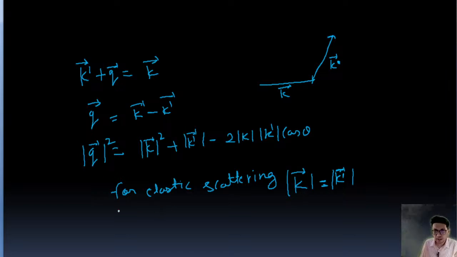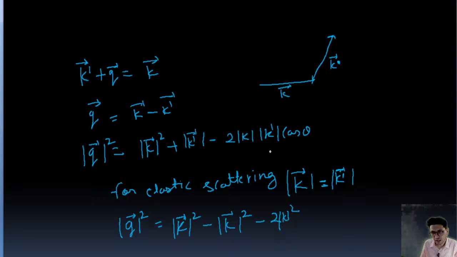So in that case, mod square of q is going to be k square plus k square, since k dash equals k, minus 2 mod square of k cos theta.